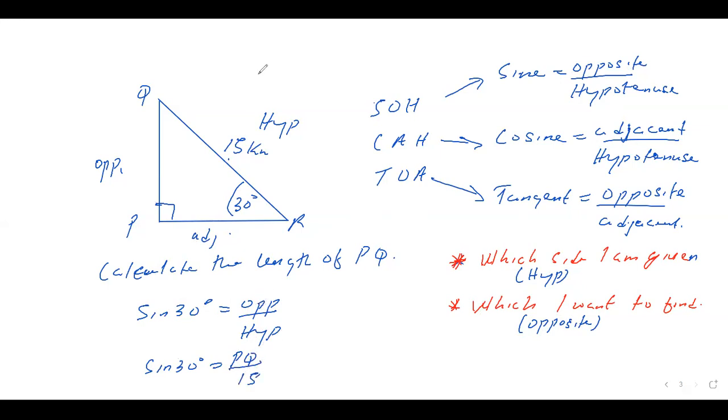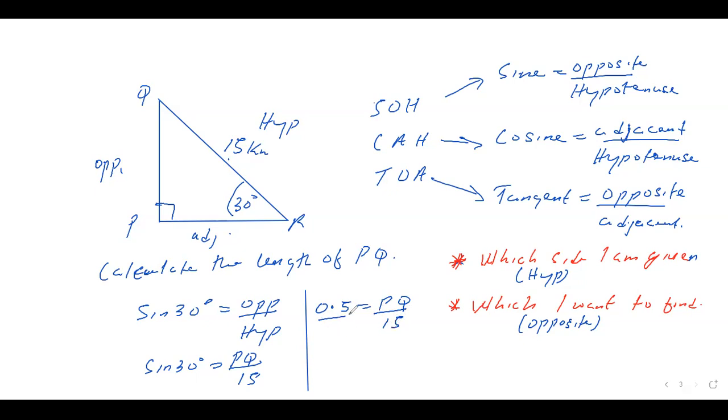Then the next thing I will do, I'm going to look for sine 30. What is sine 30, please? Your calculator has to be in degree mode. Who can tell me what is sine 30? 0.5. So that means 0.5 is equal to PQ over 15.